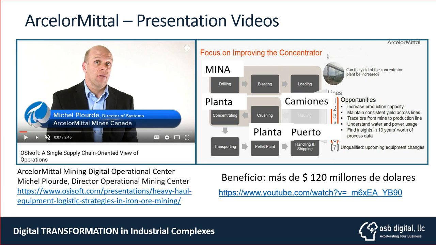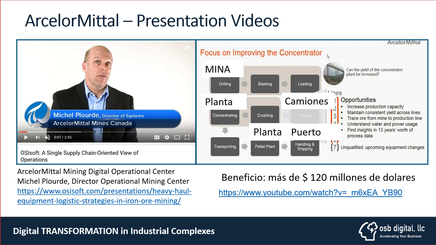But then we saw that the major problem was really the way that we're doing the blasting. So the blasting contributed a lot to get the right blasting, so we get the right feed to the SAG mill, to the autogenous grinding, and to the gravity separation machines. And then definitely all that part really transformed the way that they are analyzing the mine and the mill up to the port.